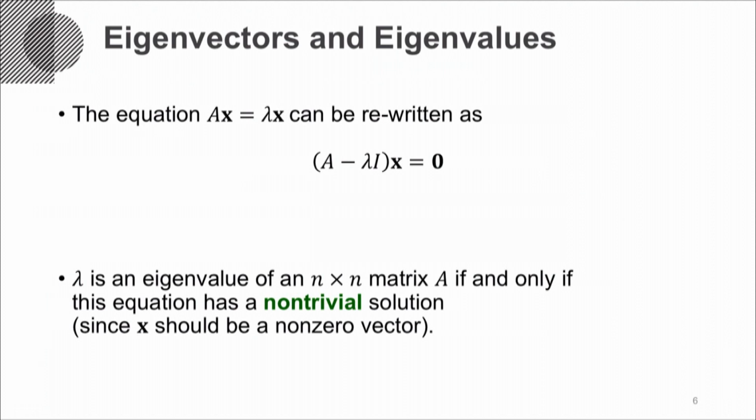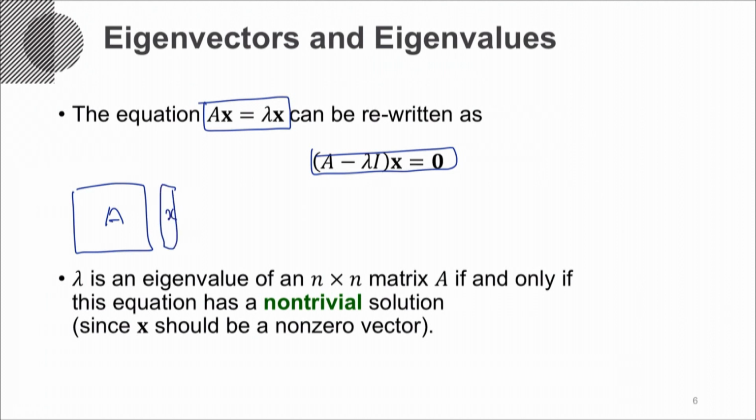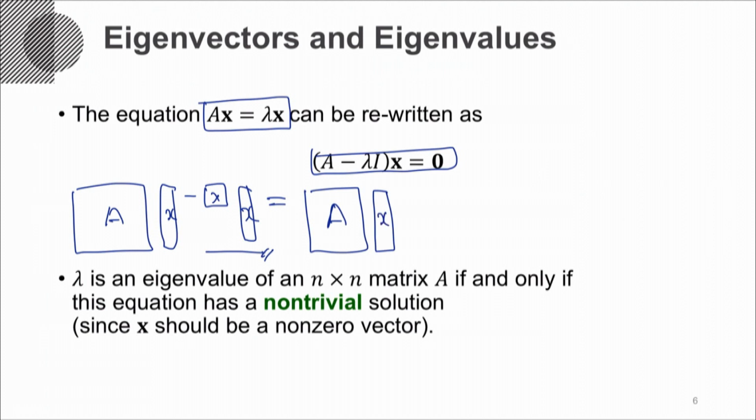Okay, then let's look at this eigenvector and eigenvalue equation that we have to satisfy. This equation can be rewritten in this form. We have matrix A and x here, and it should be lambda times x. Now let me rewrite it here, A times x.